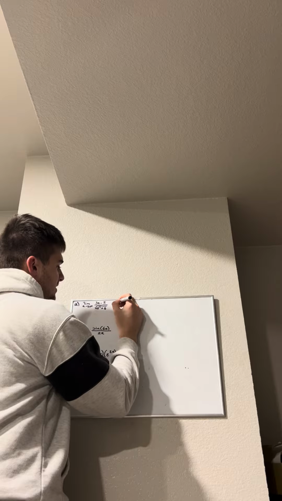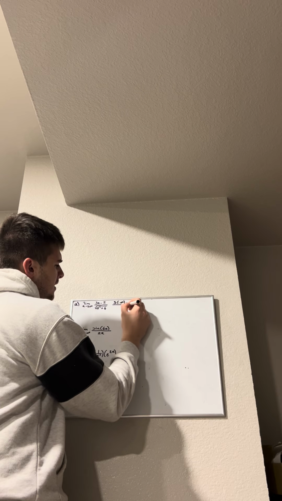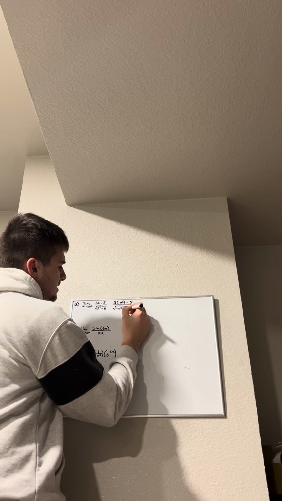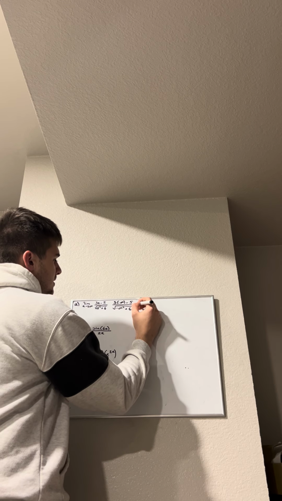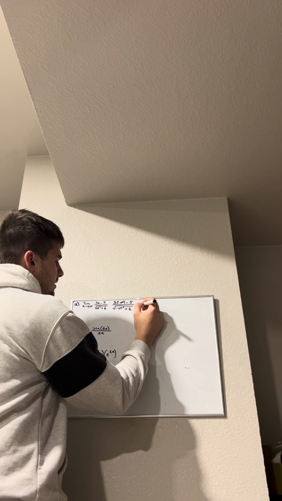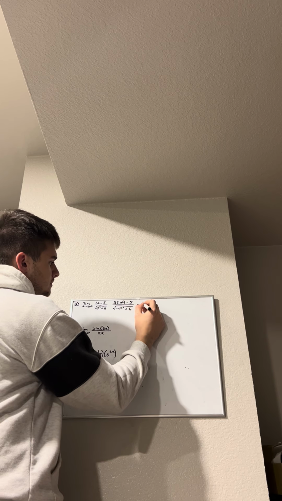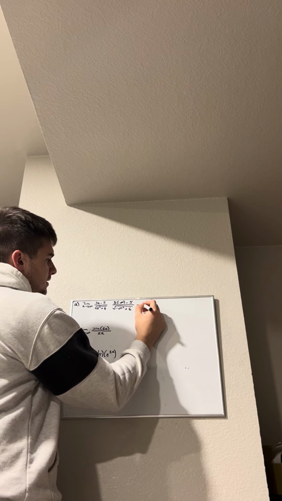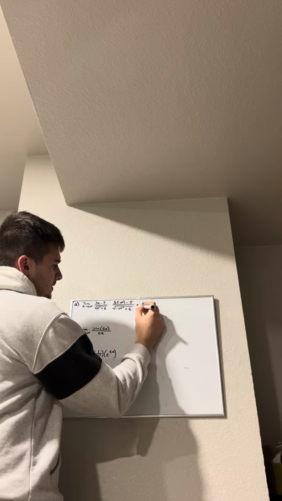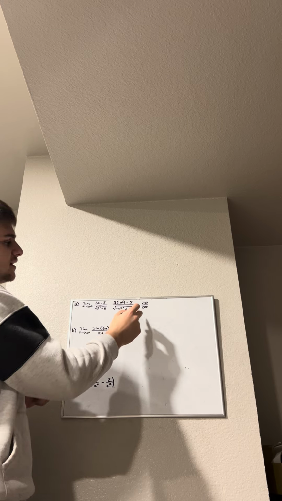It's going to be 3 times negative infinity minus 5 over the square root of negative infinity squared plus 6, which in this case would just equal infinity over infinity, and this should also be infinity as well. So we have a non-determinate form of infinity over infinity.